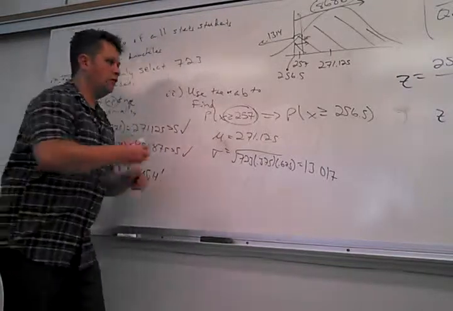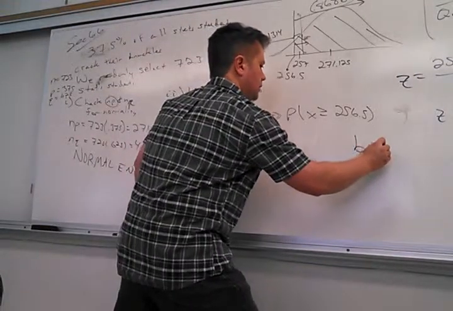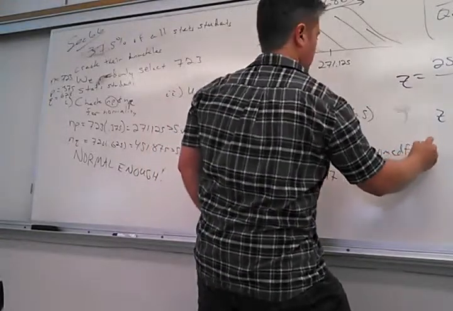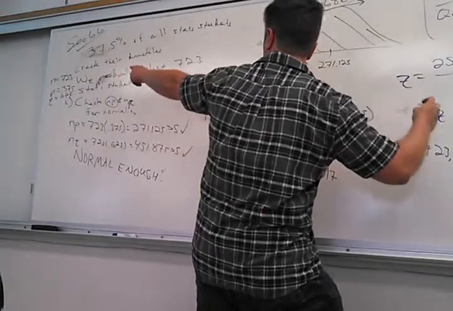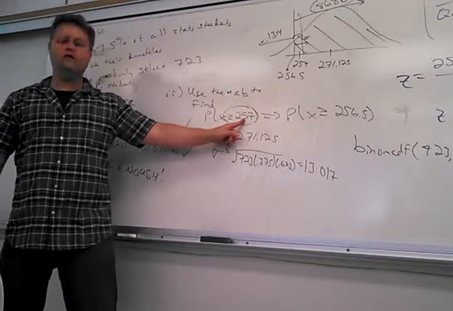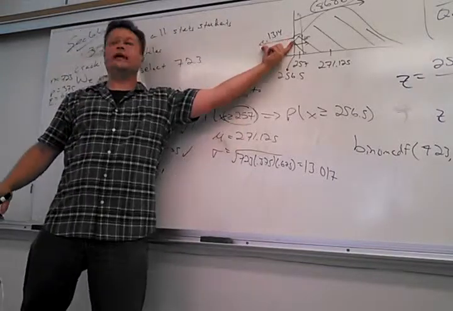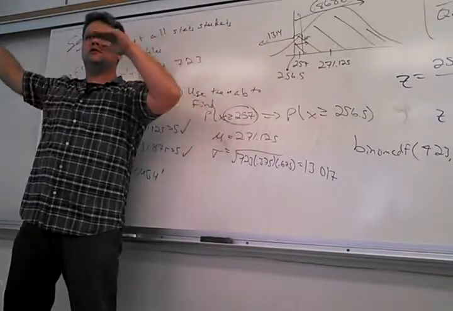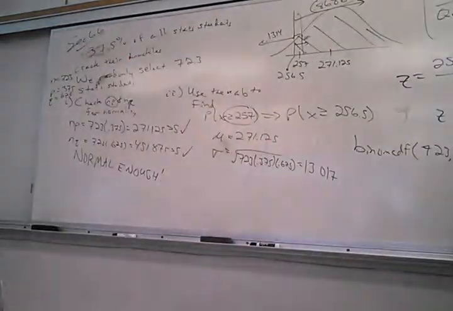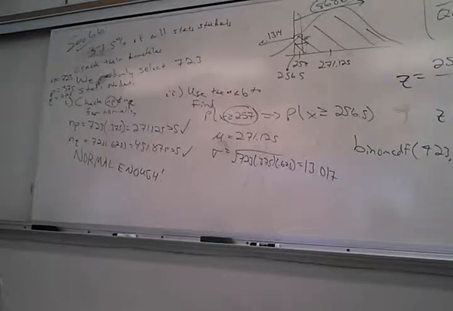So in the calculator, I can do binomial CDF, N, 723, P, 0.375, and I want to go up to 256 to check this side of it. Calculator can only do 0 up to something for CDF. So CDF, N, comma, P, comma, up to 256.